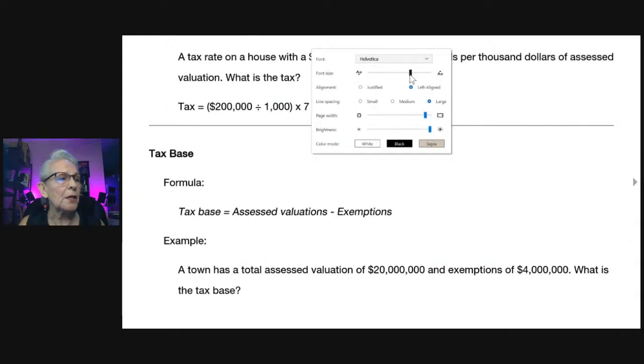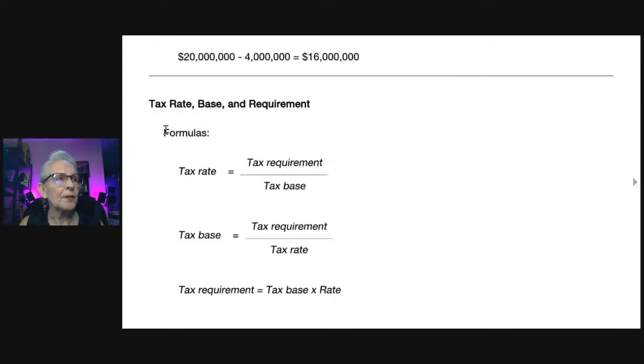So let me put the formula in the same page. So tax rate, base, and requirement. Tax rate equals the tax requirement divided by the tax base. The tax base is the property value after they deduct the exemptions.